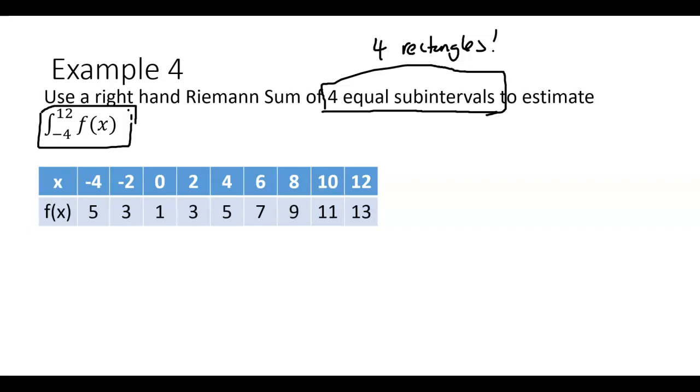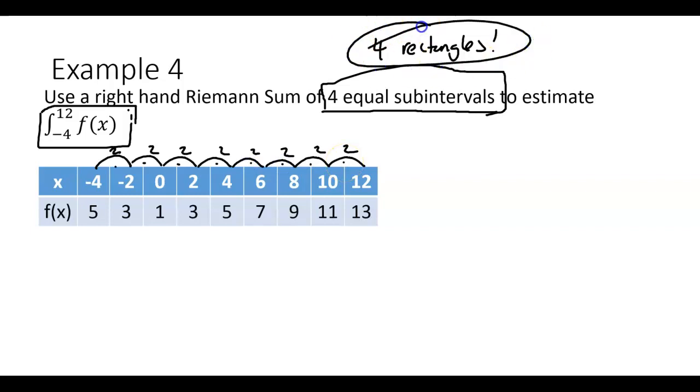But the thing is, as you guys can see here, if we just go with our shortcut, that's going to be 2, 2, 2. They all have the same base. How many rectangles is this, though? That's a lot of rectangles. That's 1, 2, 3, 4, 5, 6, 7, 8. That's 8 rectangles. But I only want 4. Okay?